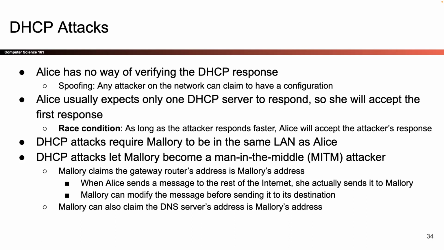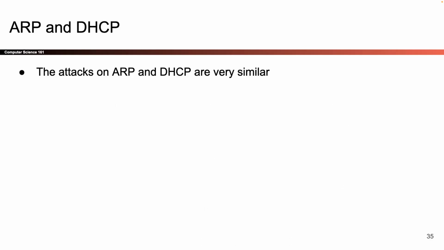I promise you we'll talk about it when DNS comes up, but you can imagine that Mallory lying about this is also bad news. Okay, so this slide hopefully should feel very similar to the ARP slide. A lot of the words are simply copy pasted because the vulnerabilities that unlock both of these attacks are very similar, and the prerequisite to the attack and how the attack upgrades you to be a man in the middle, they're all basically the same.